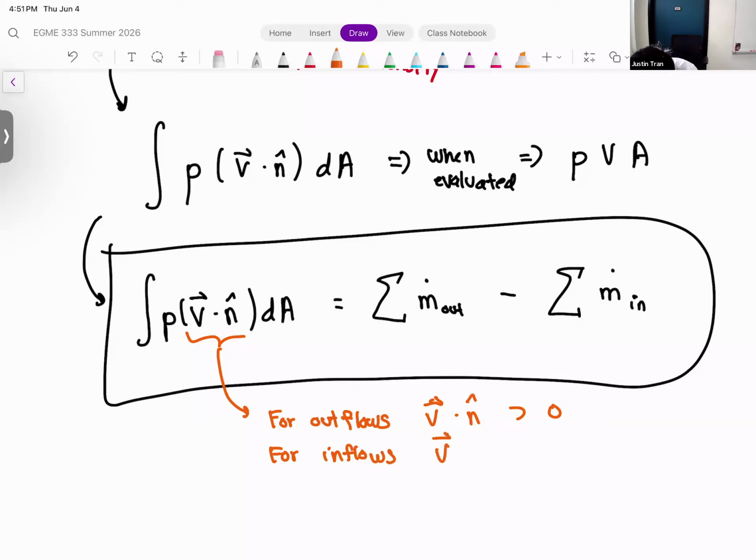Whereas for inflows, v dot n is less than 0, because the velocity and normal vector there are not aligned in the same direction. So that's where the sign convention comes from. The fact that we sum the mass flows at the outflow, those are positive, and we subtract all the mass flows at the inlets, those are negative, comes directly from the sign convention of the dot product.